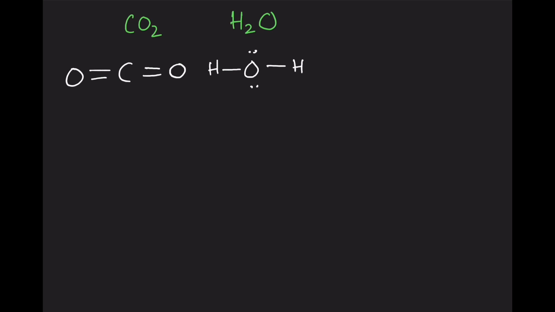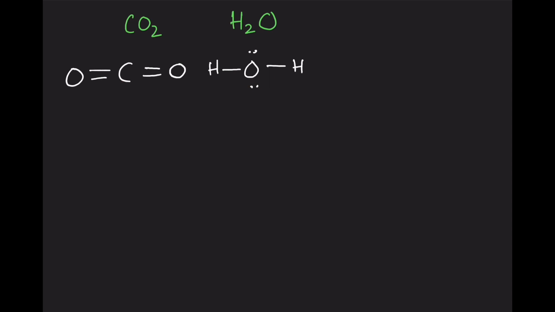From here, it is very easy to make a wrong guess. It seems that both of these molecules are symmetrical. Would you agree? The answer is actually no. Not all of them are symmetrical.